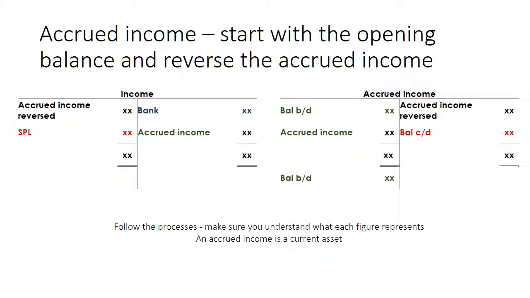Again, this represents a current asset, a receivable. So at the start of the new year, then, we can clear the accrued income account by crediting the accrued income and debiting the income account.